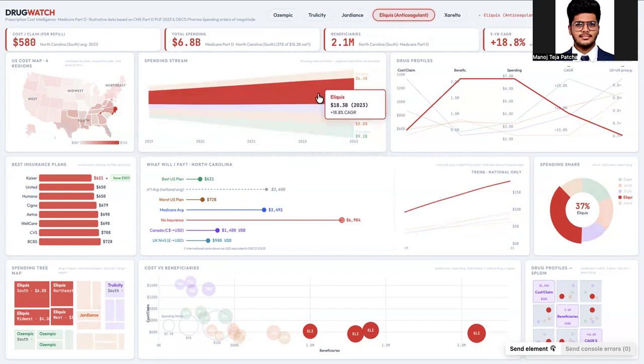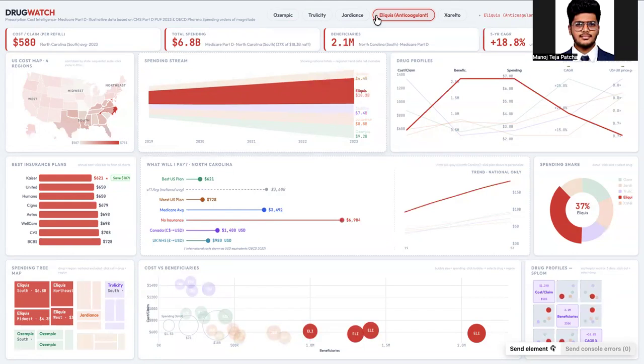That means how the magnitude has increased over the 5 years present in the chart. Eliquis has the highest increase, and it is the most spent drug, the one Medicare has spent most of its money on.